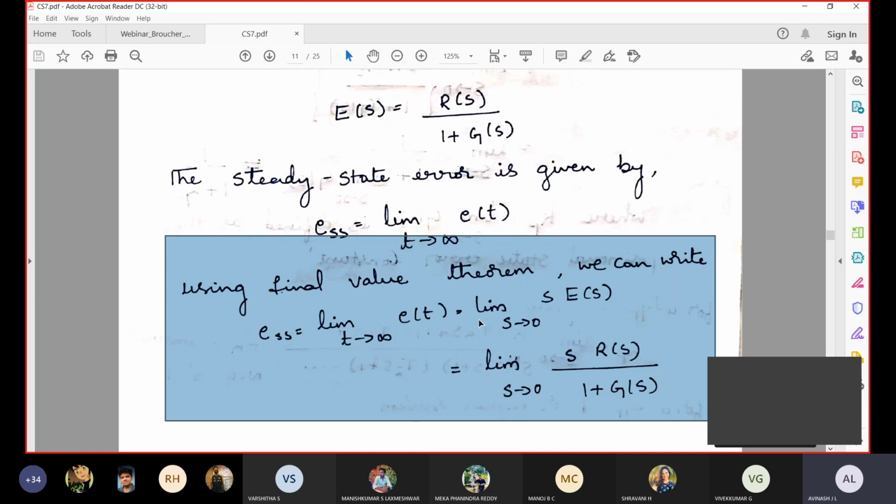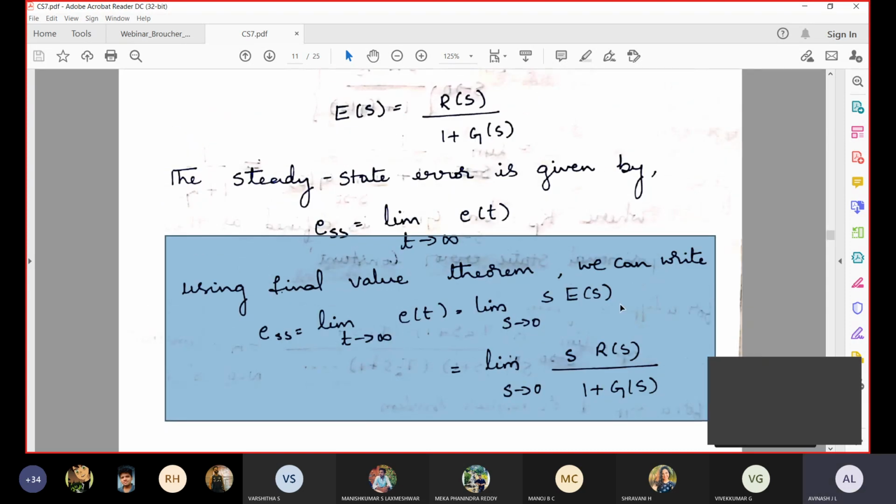So that will be equal to limit s tends to infinity of s into E of s. So here limit t tends to infinity E of t is there. So here limit s tends to infinity when it converts into the s domain. So s will be the multiplication factor, s into E of s will be coming into picture.